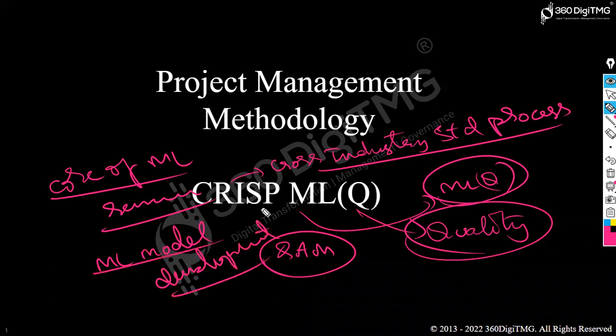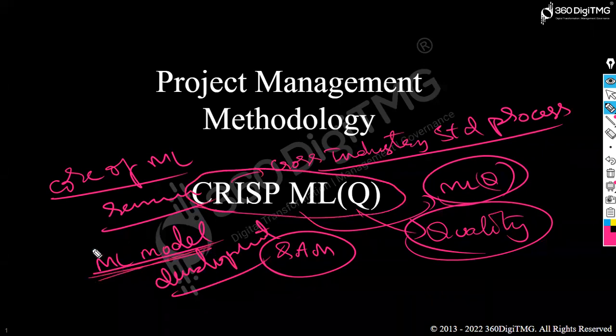So today we are going to understand the different processes that we undergo in developing any machine learning model. Irrespective of the model, we follow some procedures that we are going to understand.